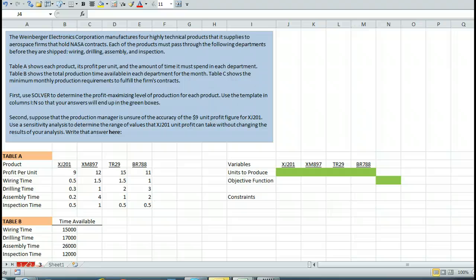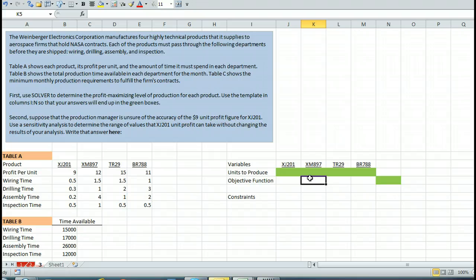Let me make sure this is the problem. I think it is. Yes, you're going to put a formula here in each one of these. Put a formula that takes the profit per unit for XJ201, here's the profit per unit, times the number of that particular model you're going to produce. Then here, you're going to do the same thing.